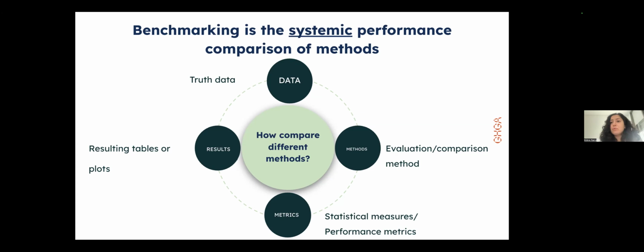Nowadays, there are some truth files established. They are very well studied, very well experimented, and served to the community to use as a base alignment. A few examples are the Genome in a Bottle study.